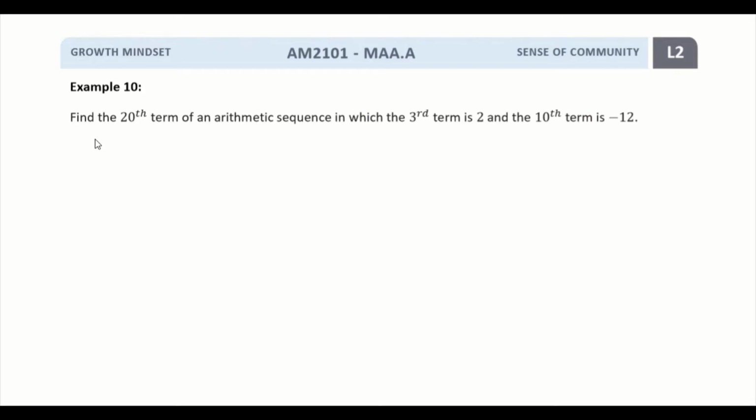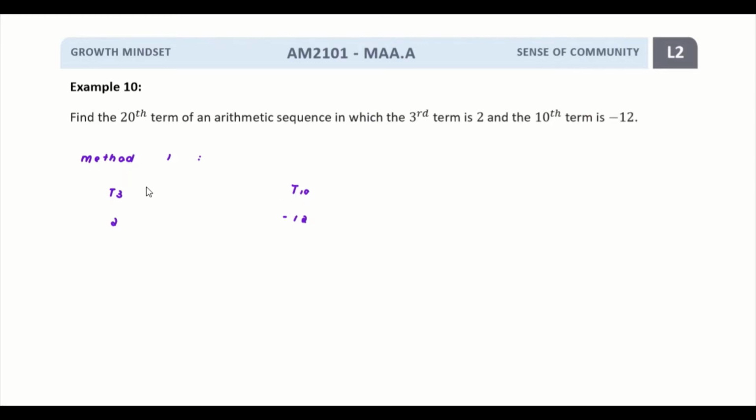Okay, so let's try to see method 1. You already know your third term and also your 10th term, right? So T3 is 2 and T10 is negative 12. You can try to imagine T4, T5, T6, T7, T8, T9, until T10.